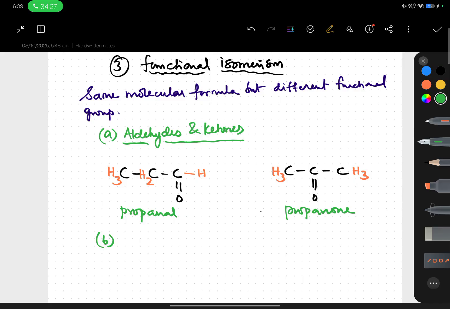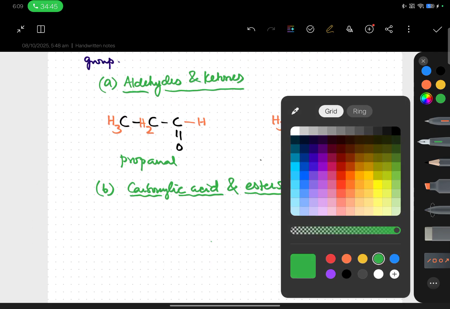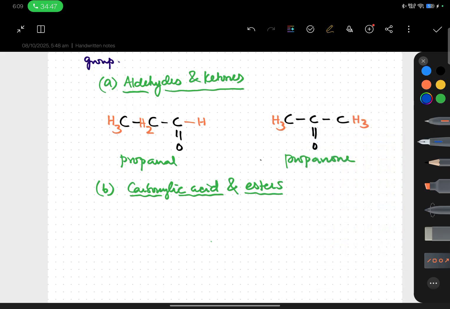So similarly you can compare the carboxylic acid and esters. In this case again you take 3 carbons.